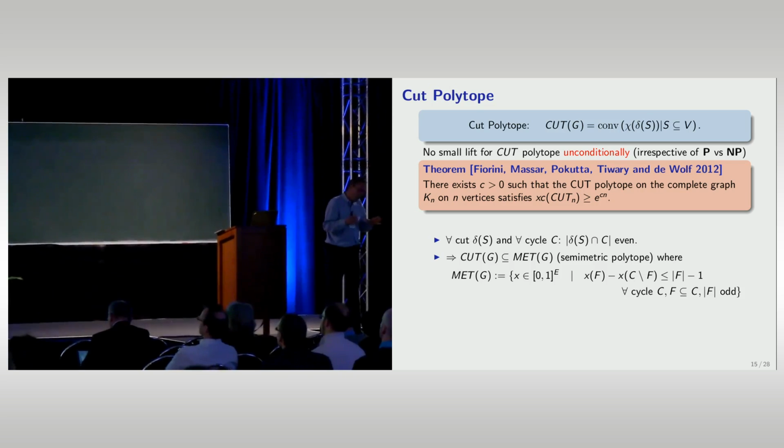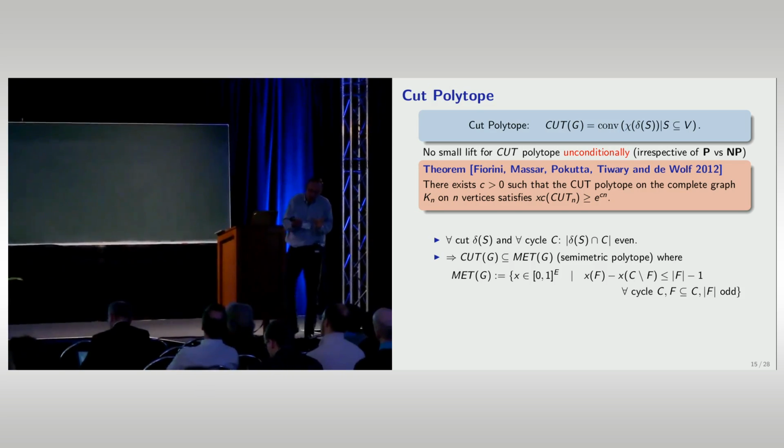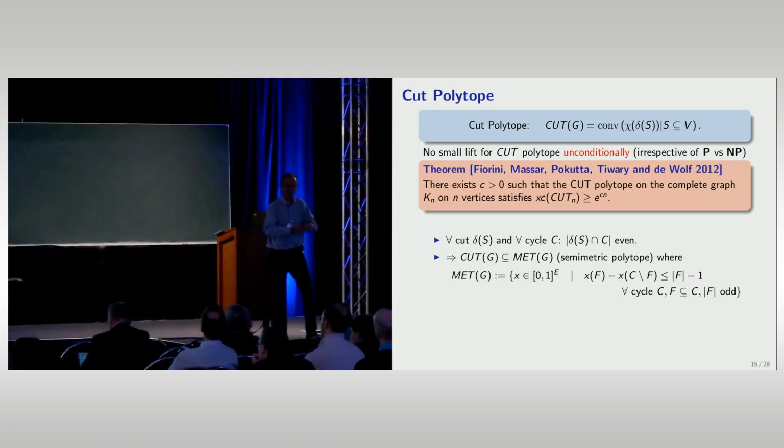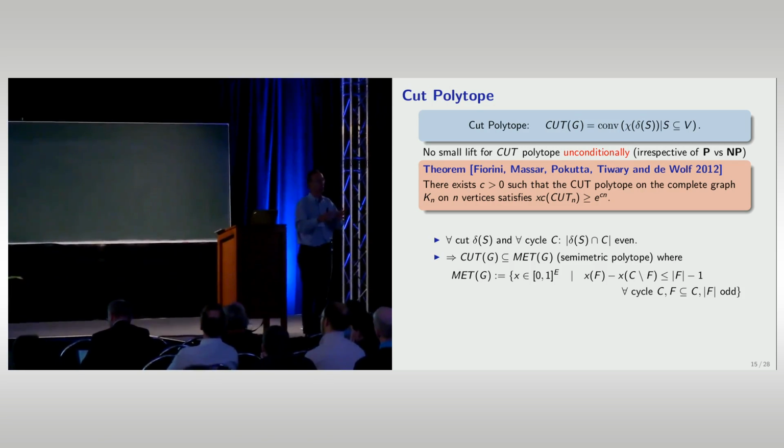But what we could do is look at some of the inequalities, some of the facets of the cut polytope, and look at that relaxation, and then possibly use this lifting procedure I showed you to get better relaxations.